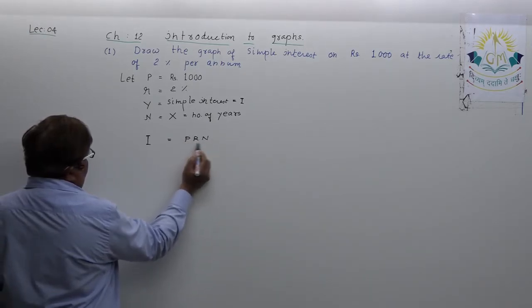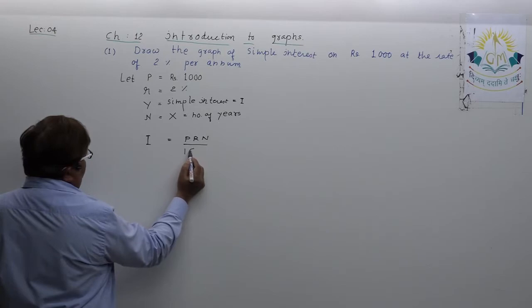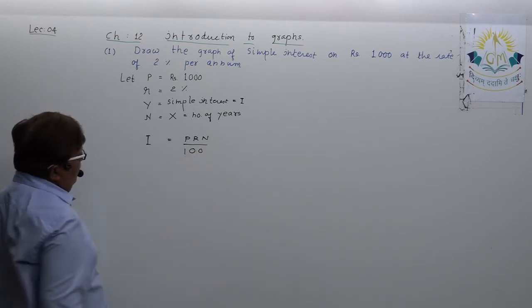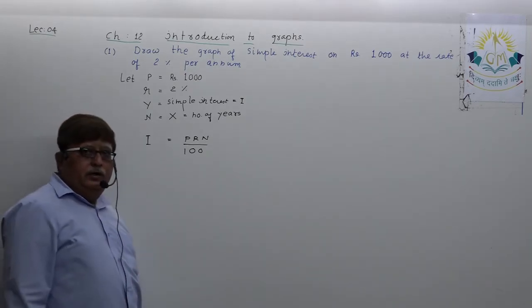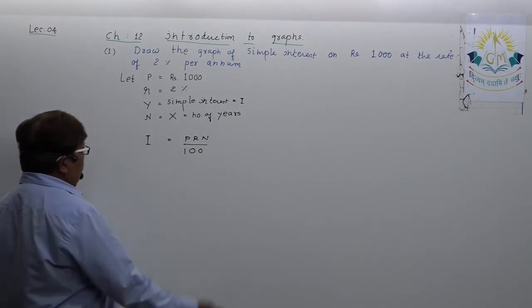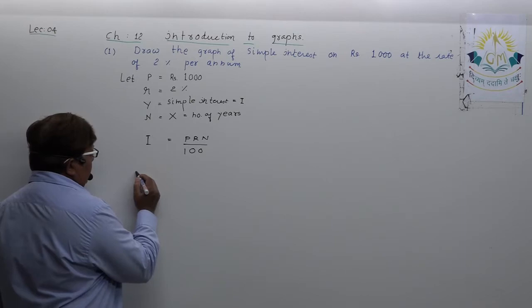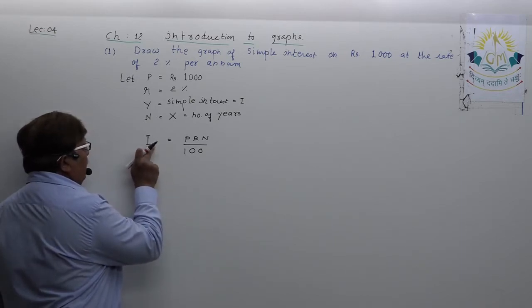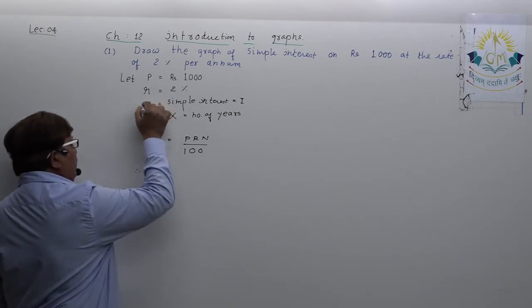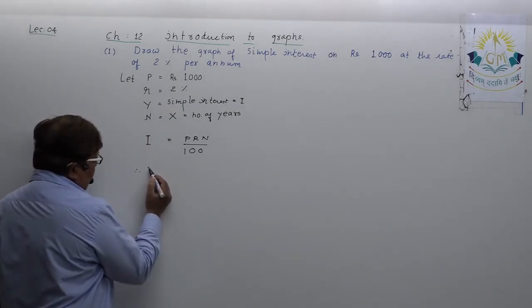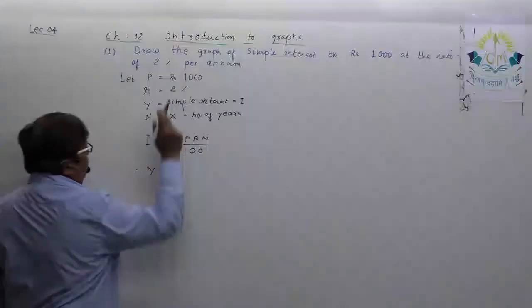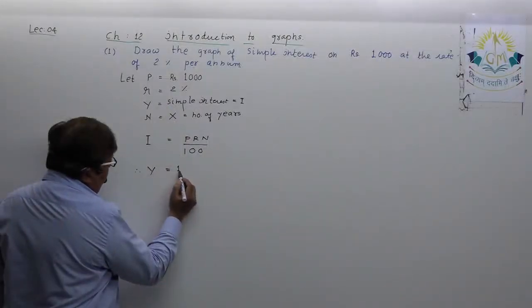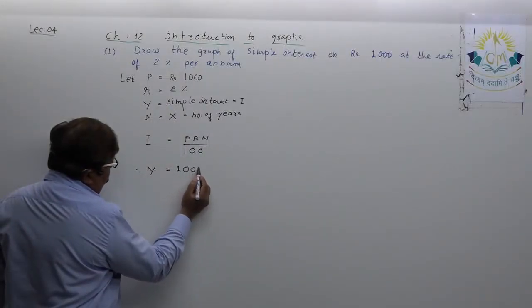I equals PRN upon 100. That's the basic formula for finding simple interest. In place of I, let me put this symbol y equal to. In place of P, I know 1,000.